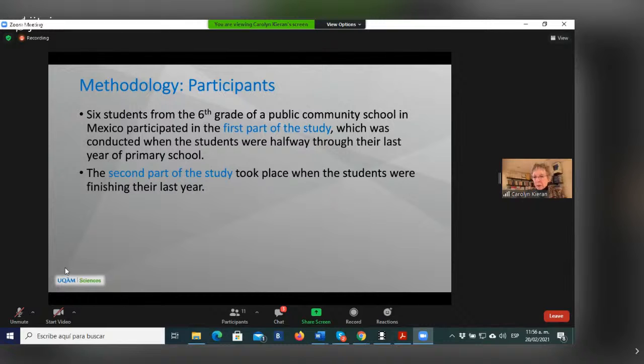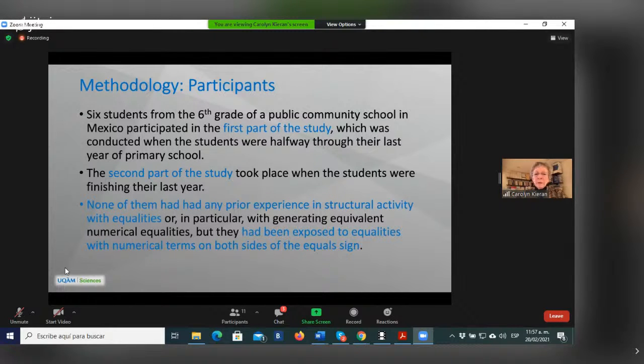The second part of the study took place when the students were finishing their last year, that is, the end of the 6th grade. None of the students had had any prior experience with structural activity involving equalities, or in particular, with generating equivalent numerical equalities, but they had been exposed to equalities with numerical terms on both sides of the equal sign.